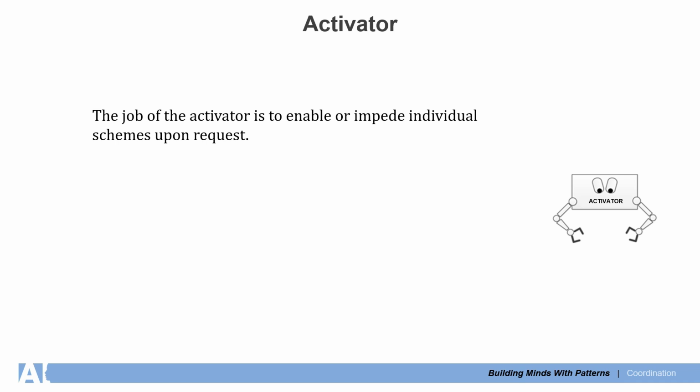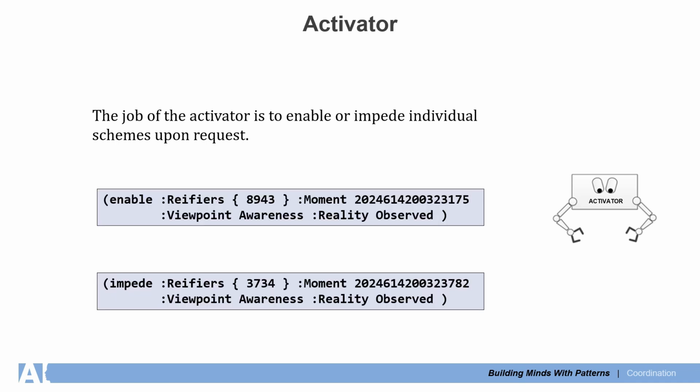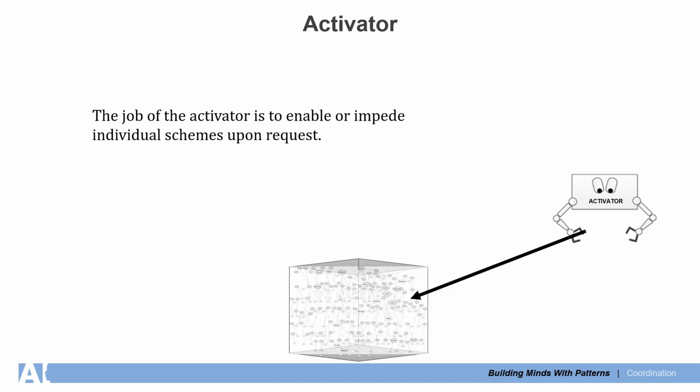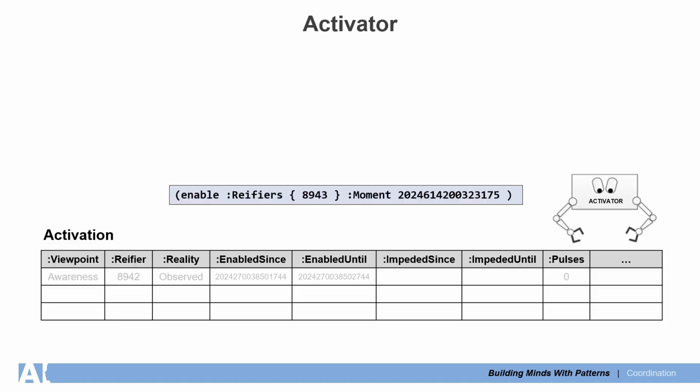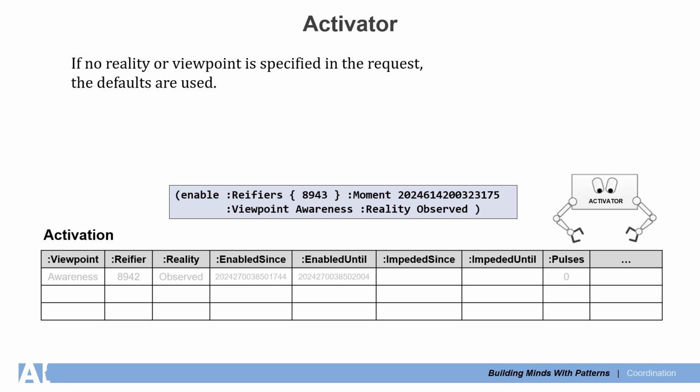The job of the activator is to enable or impede individual schemes upon request. When messages to enable or impede schemes are received, the activator updates the scheme in the totality. The activator may receive a request to enable a particular reifier, in this case 8943, at a particular moment. If no reality or viewpoint is specified in the request, defaults are used.